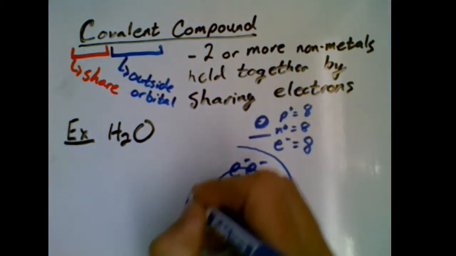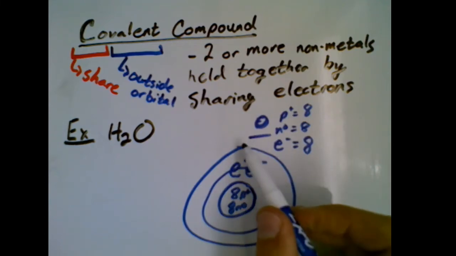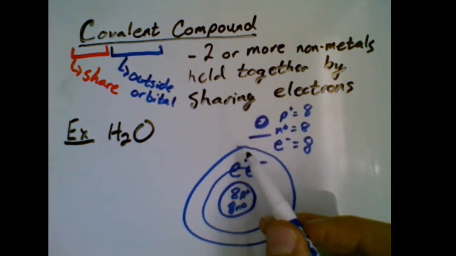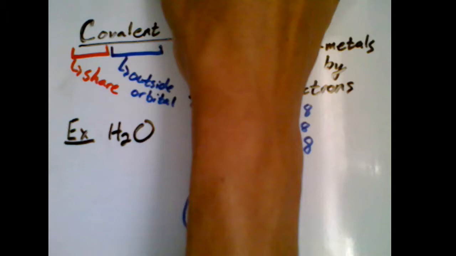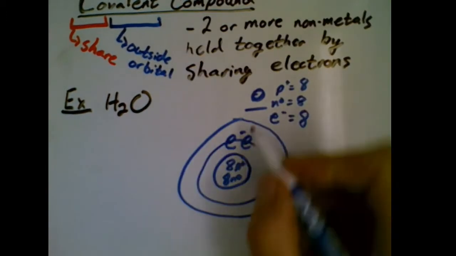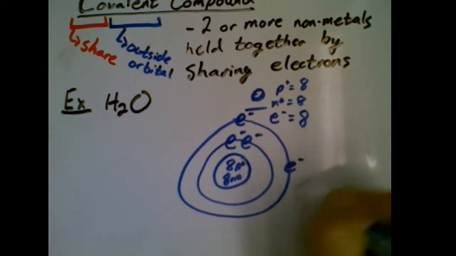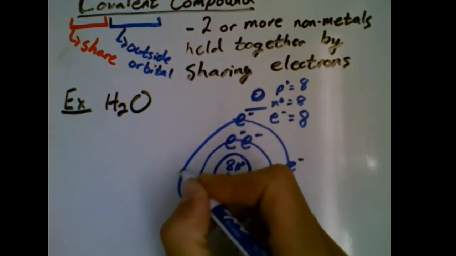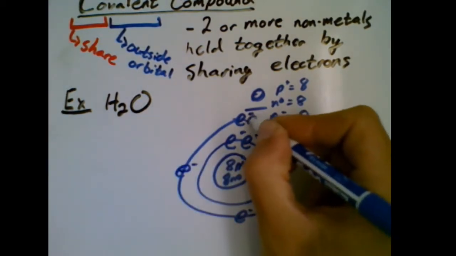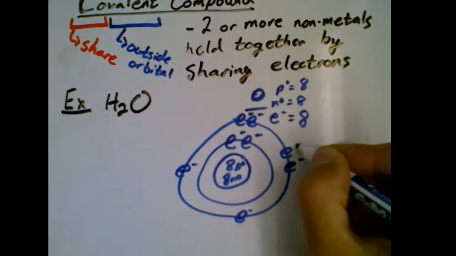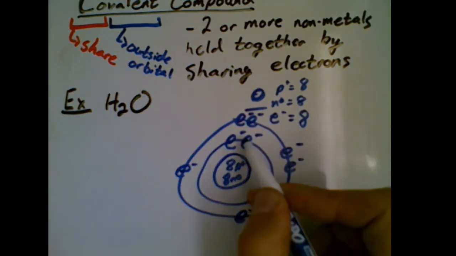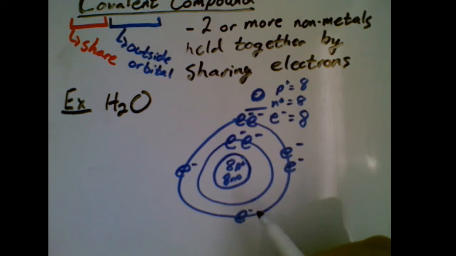That means I'm going to draw my second orbital. Normally I would start up here, but just because of space, let's just slide this down. We'll do this the same way. We're going to start up here, go 1, 2, 3, 4, 5, and 6. Now, with the other 2, that gives me 8 electrons in total.